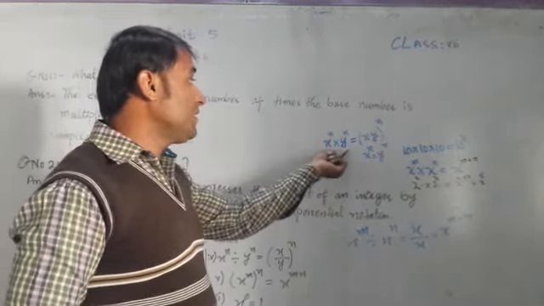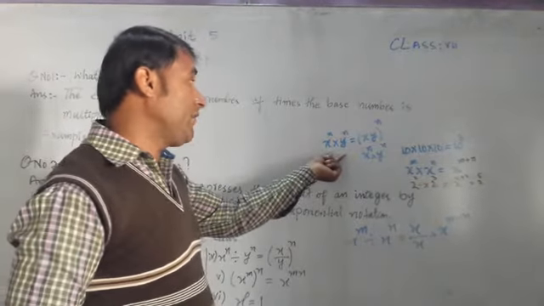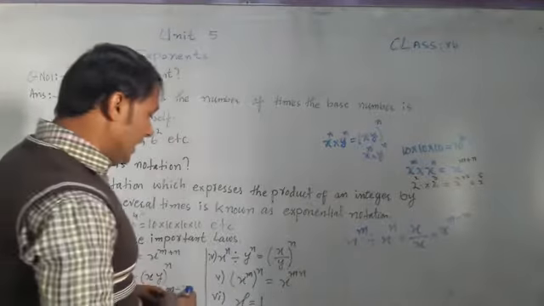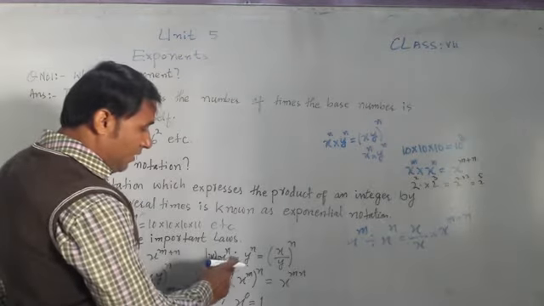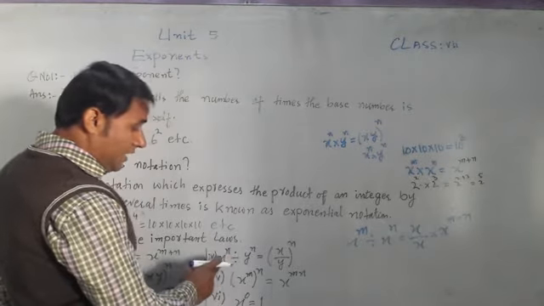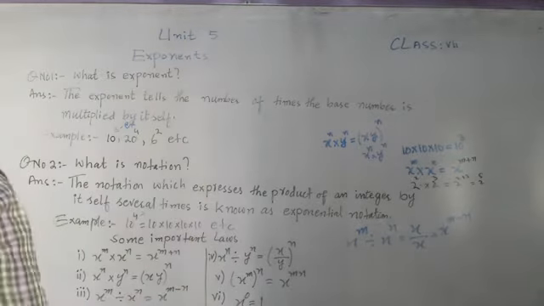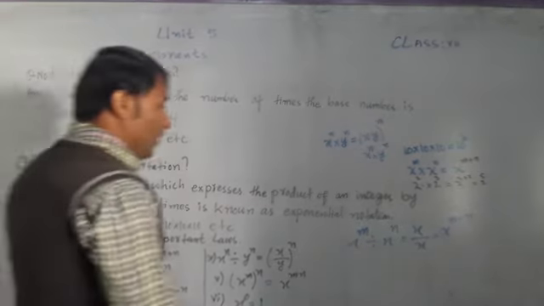When the powers are the same but the bases are different, we write a common power. Number 4 is x divided by y. Here the bases are different but the powers are the same. How do we know?